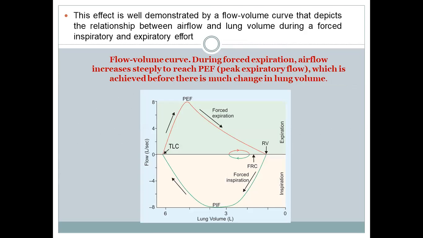So this is a recording which is the flow volume curve during forced expiration. We can see if it is normal breathing, it will be a smaller loop like this. But if it is a forceful inspiration, see there is a forced inspiration here, the peak is there, and then slowly it will be expiring out.